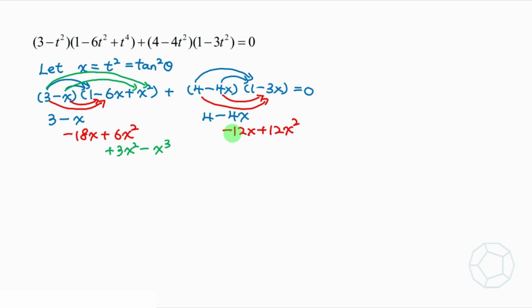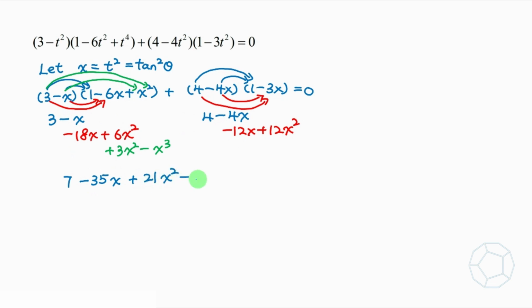Now we're ready to simplify, so 3 plus 4 is equal to 7. Negative 1, negative 18, negative 4, negative 12 gives negative 35x. 6 plus 3 plus 12 is 21.